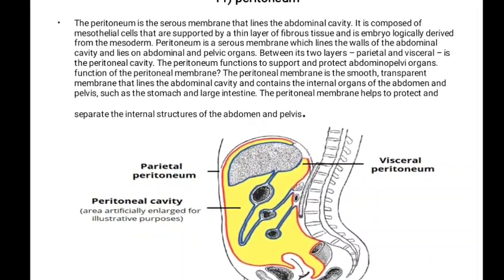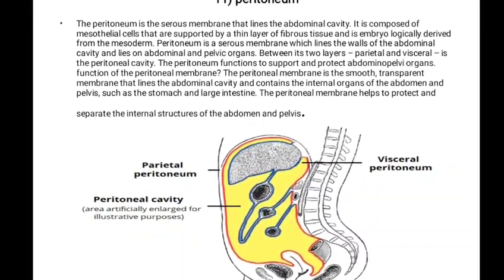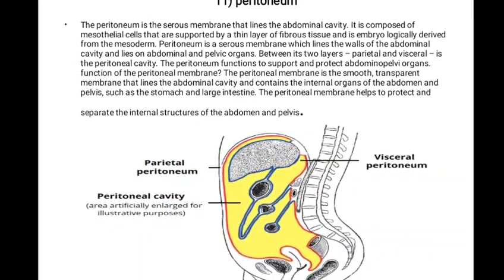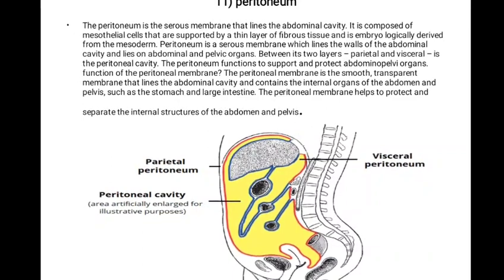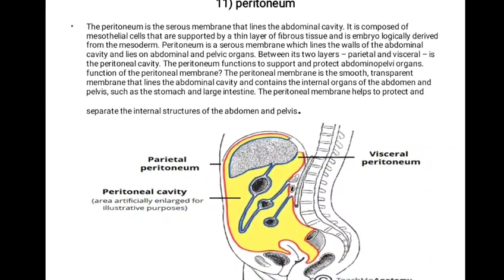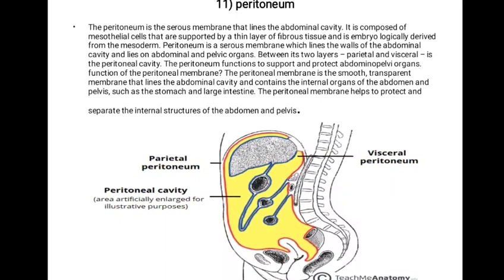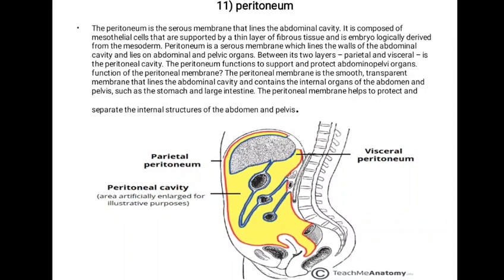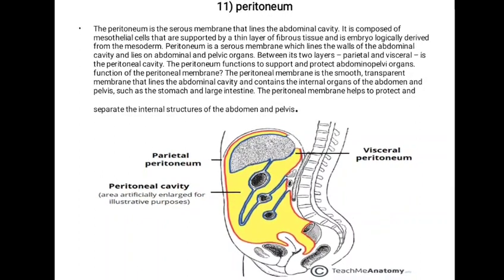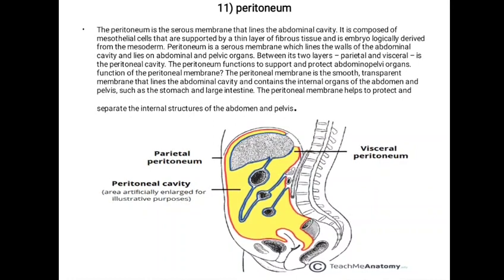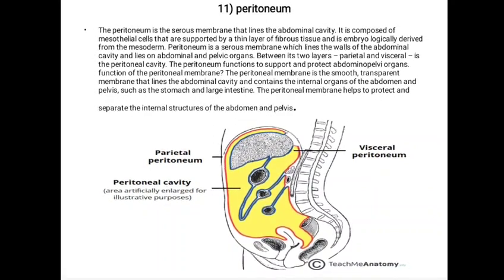The peritoneum functions to support and protect abdominopelvic organs. Now, functions of peritoneal membrane. The peritoneal membrane is the smooth, transparent membrane that lines the abdominal cavity and contains the internal organs of the abdomen and pelvis, such as stomach and large intestine.